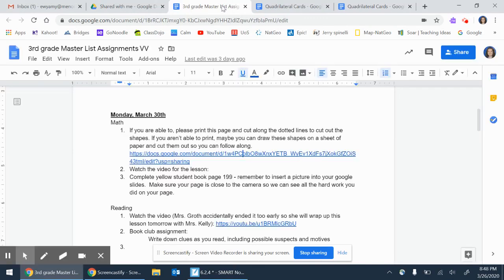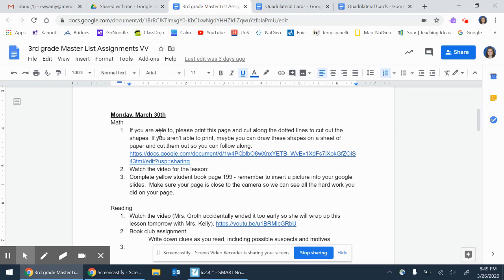Okay, so one thing I need you to do before we get started is, if you are able to, print something off for me. You will be able to find this piece of paper where your assignment notebook is. So this is what your assignment notebook looks like, where it tells you what you have to do for the day.